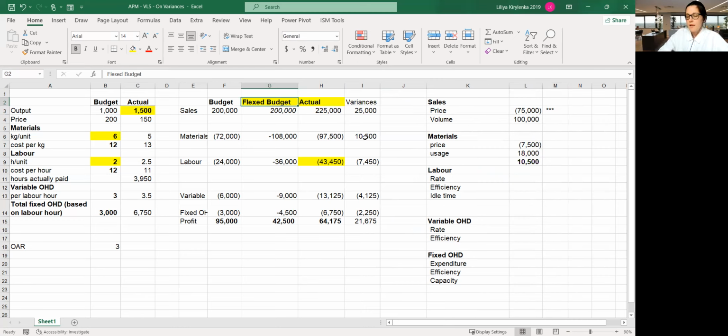And we find out that the materials variance is actually lower than was expected. So we were supposed to spend $108,000, but spent $97,500. So we won. But now the question is, who is going to receive a bonus? Is it the production manager who was so good in using the materials?